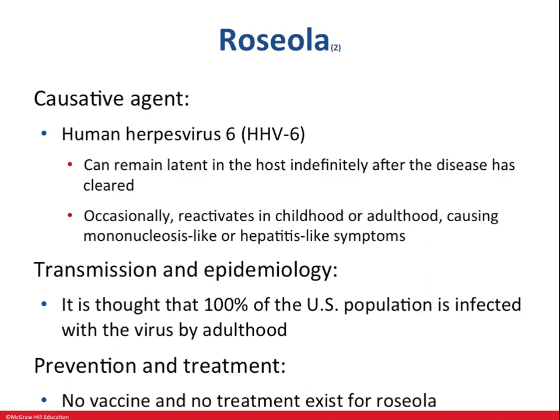Actually, this disease is very mild. The symptoms are mild, even the fever. We have medication to treat the fever. After the fever, the symptoms are very mild. Until now we don't have a vaccine for human herpesvirus 6.